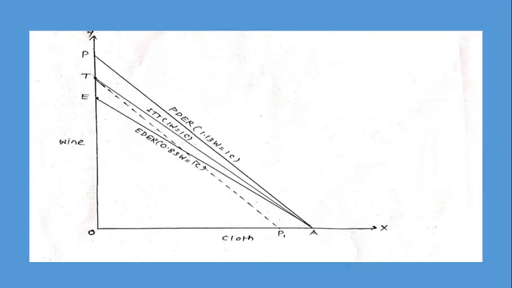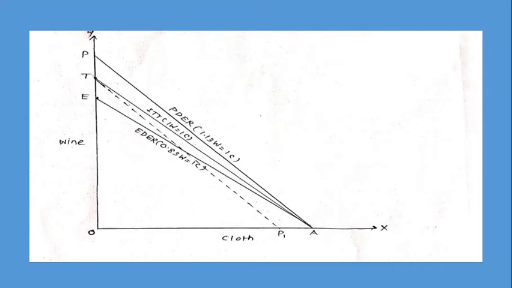In the diagram, OX axis shows commodity clothes and OY axis shows commodity wine. Line PA represents Portugal's domestic exchange ratio between wine and clothes, and line EA represents England's domestic exchange ratio.